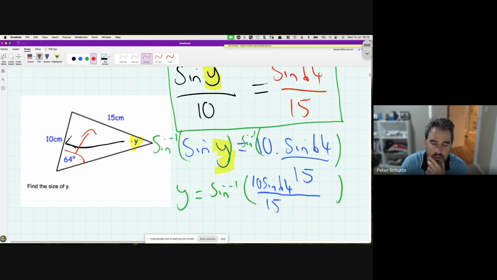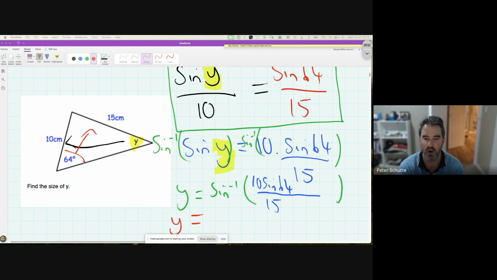What are you guys and girls getting in your calculator? I'll give you a moment to see that. So Stephen, Siamtanda, Rulani, Amelia, what are you getting when you put this sequence in your calculator?